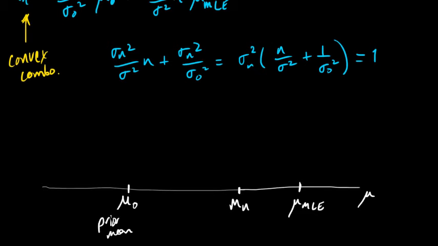So if we were to draw the prior distribution, remember, it was a Gaussian with mean mu naught. And it had some variance, sigma naught squared, so it looks something like this. Some nice Gaussian.